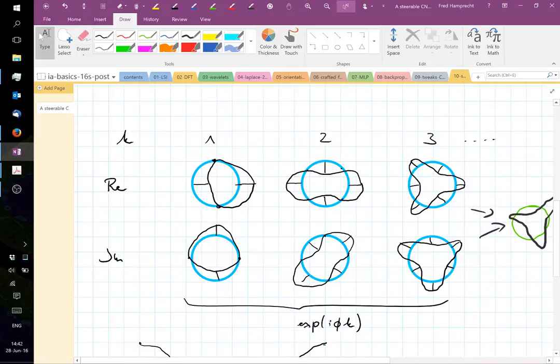Small k ranges from, we can decide if it should range from 0 or to 1, but it goes up to capital K. And I may wish to design several filters which have a different radial distance dependence for these different capital Ks.